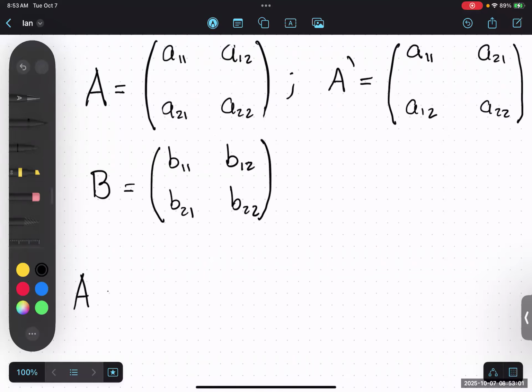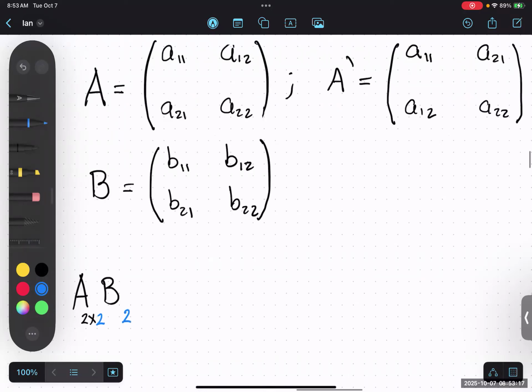There is one condition in order to perform the product of two matrices. The condition is that the number of columns in your first matrix, in this case, 2 columns, must correspond with the number of rows in your second matrix.